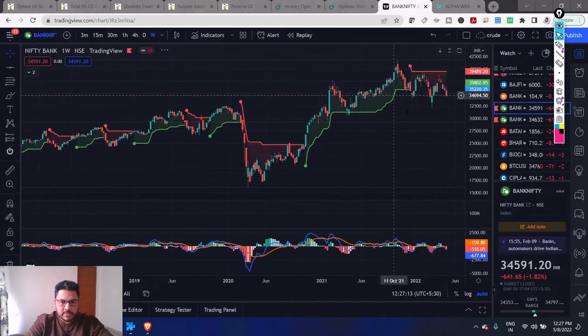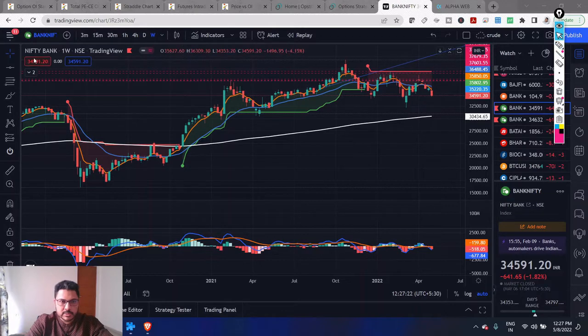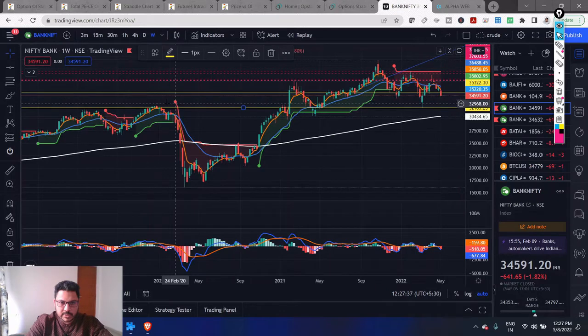Okay, and now we go to Bank Nifty. Bank Nifty on a weekly time frame is bearish, but yes, there is a good support at this level. This is a 50% candle, so this is a good support, and there were multiple times price has come into this, and it has spent a lot of time here, so definitely it's a very strong zone.